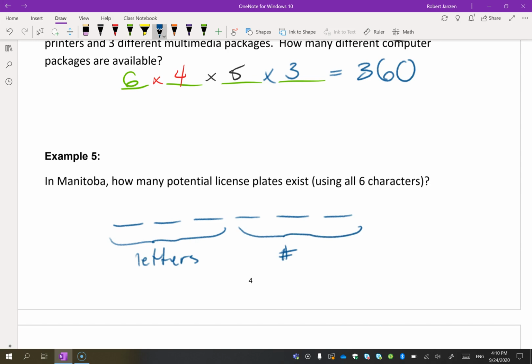So how many different letters are there? 26, right? So I could have 26 different ones in that spot, 26 different letters there, 26 different letters there. And then how many digits are there? How many numbers? Well, if you go 0 to 9, there are 10. So this is going to be times 10 times 10 times 10.